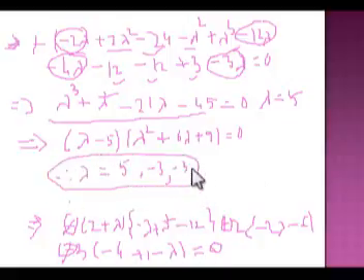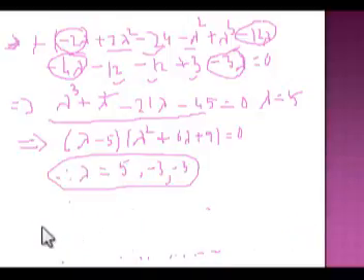Now we have to find out the eigenvectors. So first we put 5 in the characteristic equation.